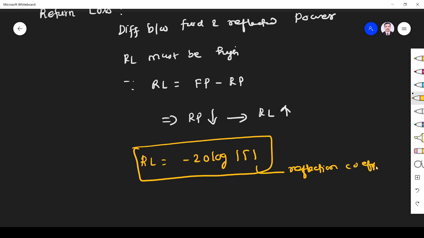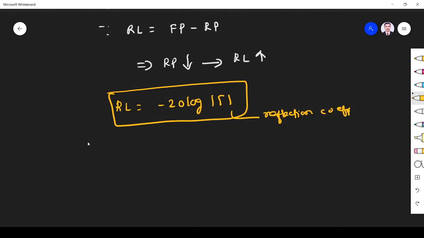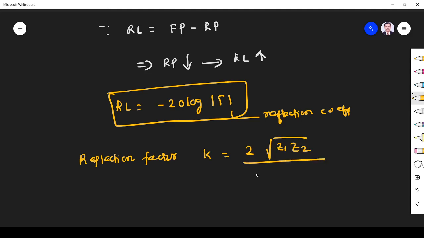Fine? Okay. So next thing we have to see is reflection factor. That is K is given by 2 root of Z1 Z2 divided by Z1 plus Z2. Right? Okay, this is called reflection factor.